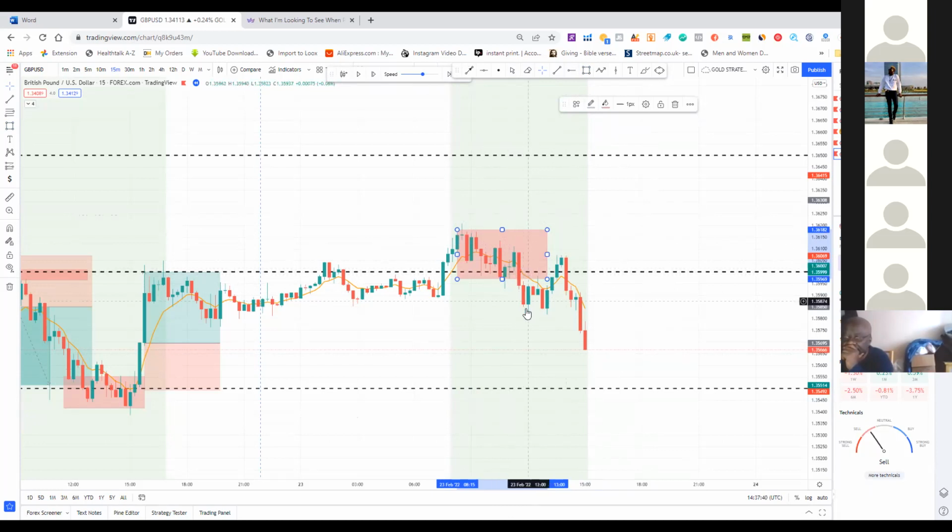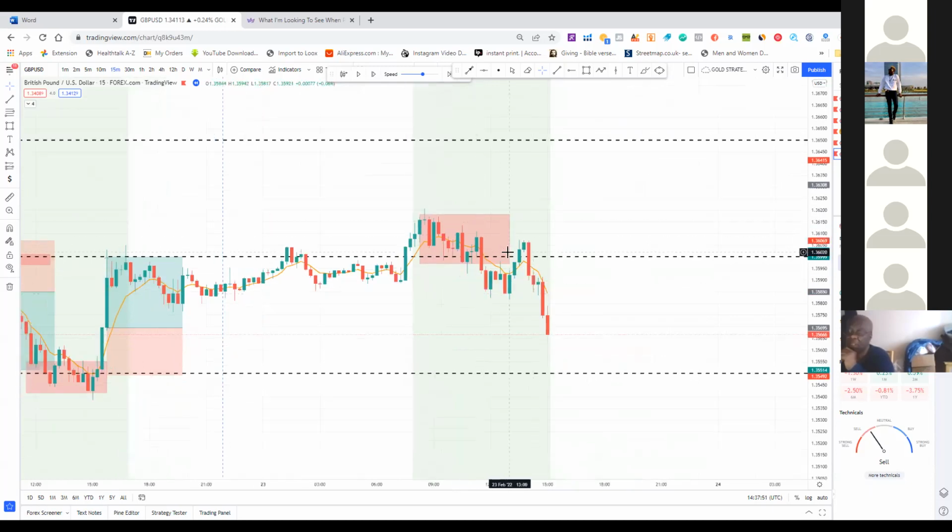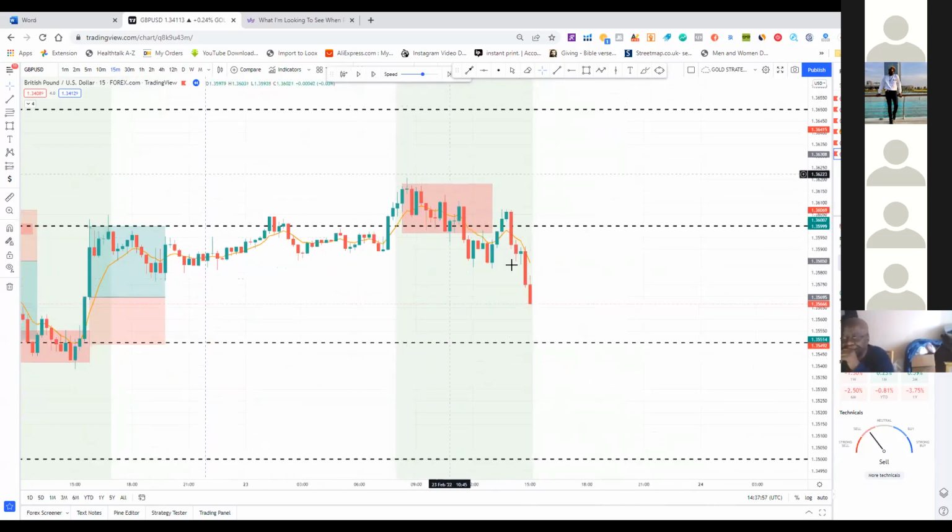But eventually, price created a very fake pattern here that would have made a lot of people go long. You see? That's why you have to understand the kind of pair you're choosing. Again, it's not as simple as I'm saying it now, because I know on this particular day a lot of people lost money because of this move. This was so confusing to a lot of people.